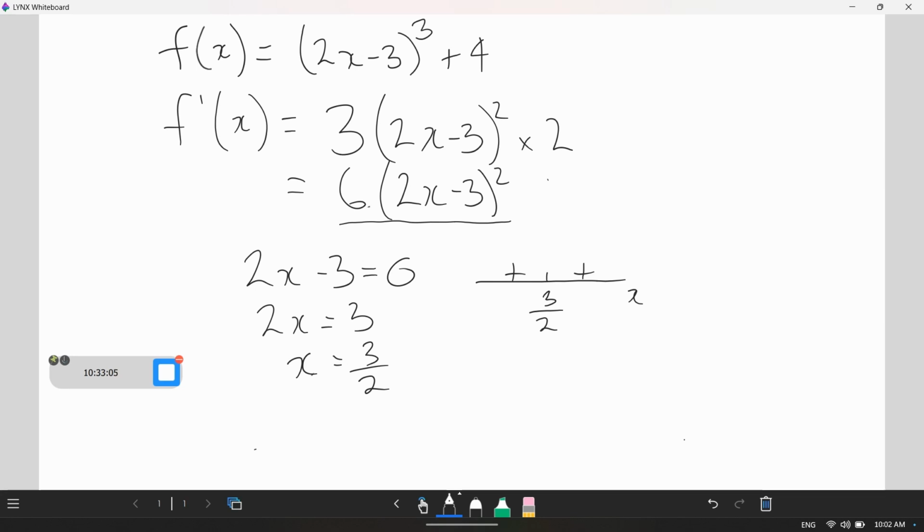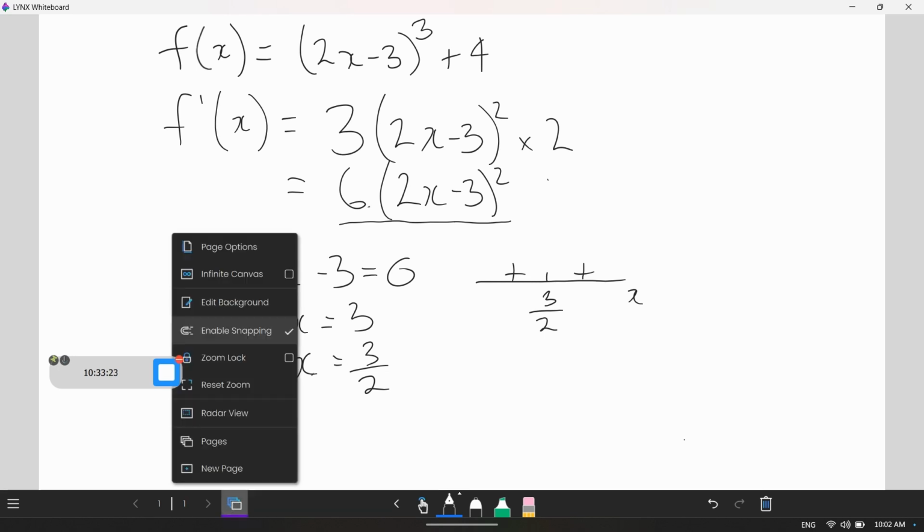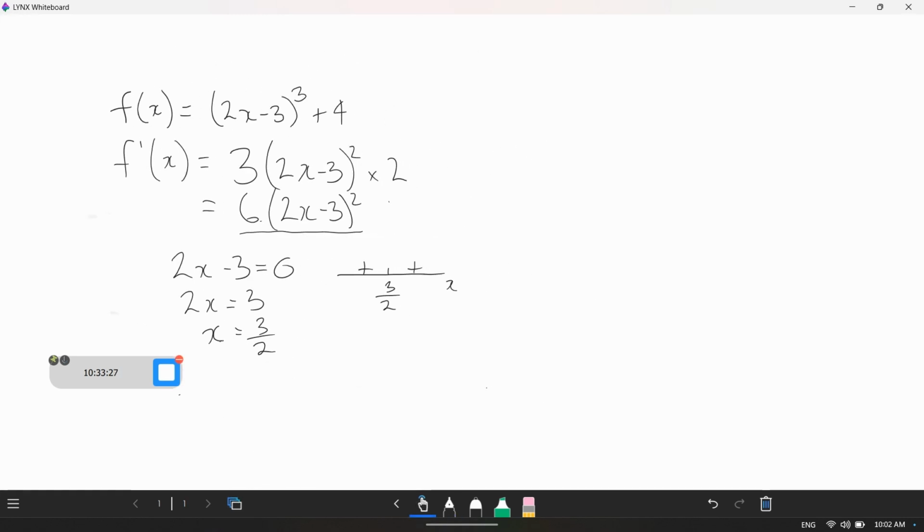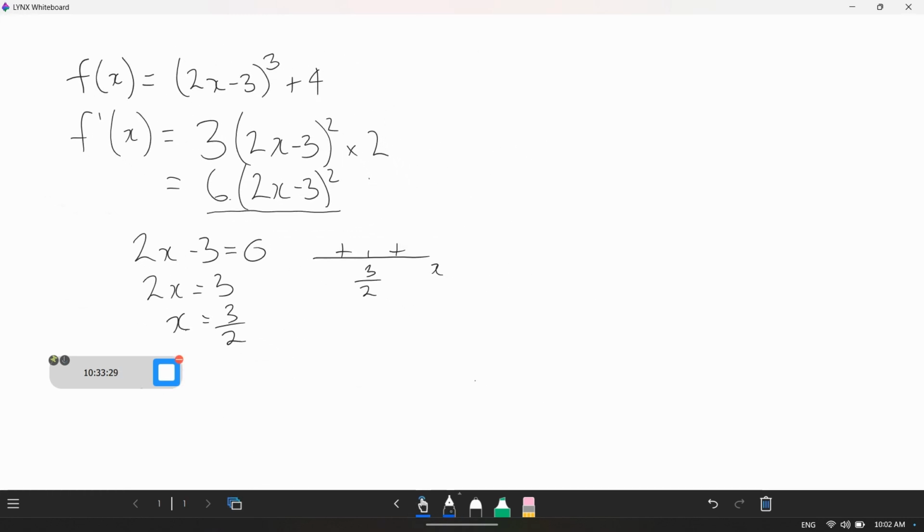So I believe we're about to go through how the sign diagrams help us determine what type of stationary point we have. When we have a sign that doesn't change over the stationary point, that indicates an inflection point. So plus plus or minus minus would be an inflection point. This one here, we have plus then minus.